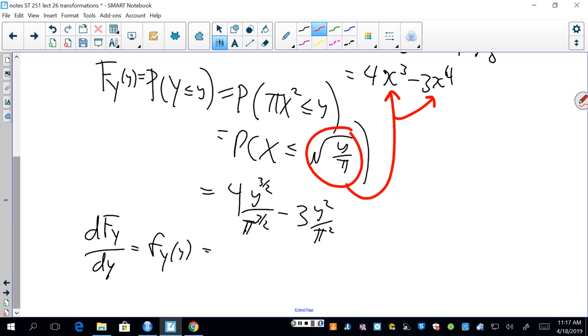We get 6 over pi to the 3/2, and then it's y to the 1/2. And this one, you differentiate, you get multiplied by 2y over pi squared.